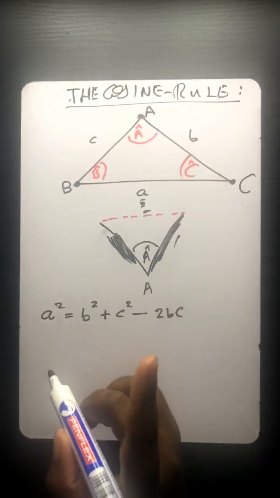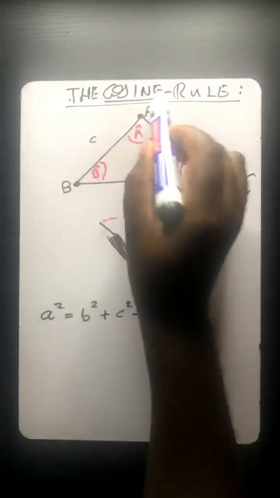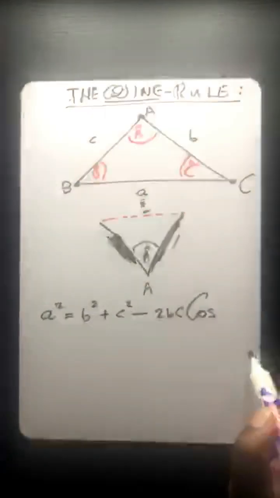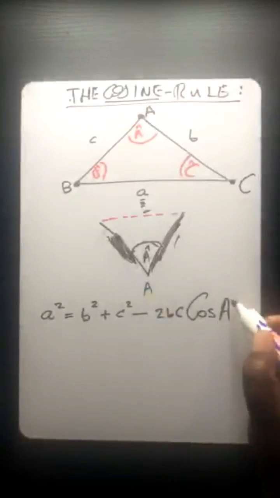Most importantly, what are we talking about? The cosine rule. That is why we are going to say cos of that angle which is involved, being angle A.